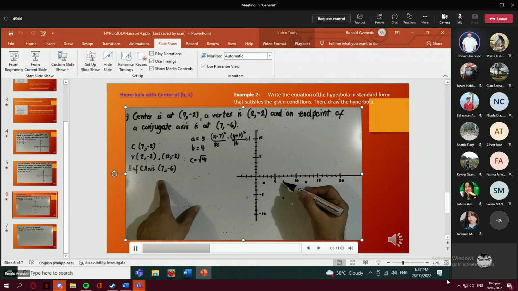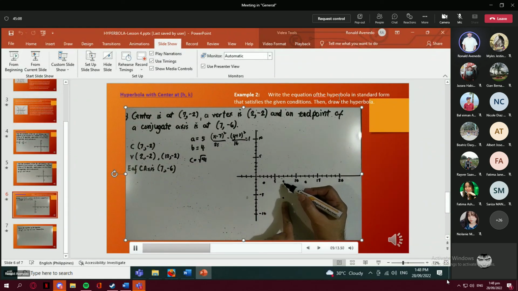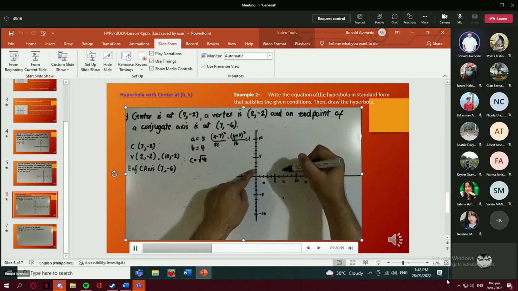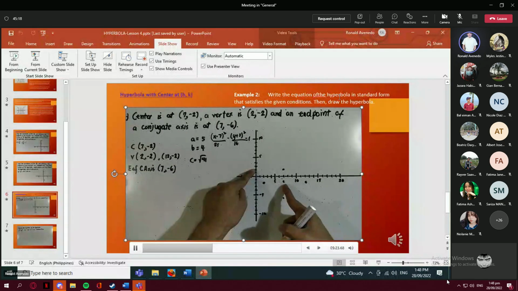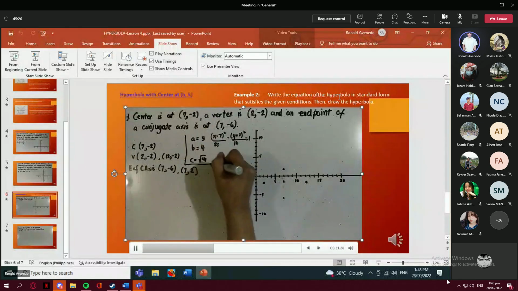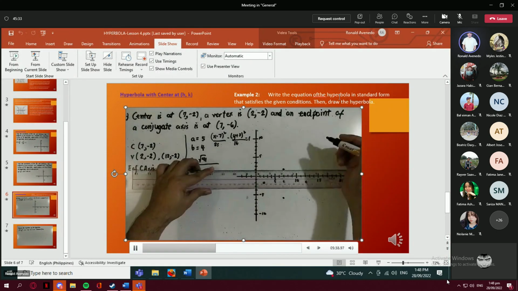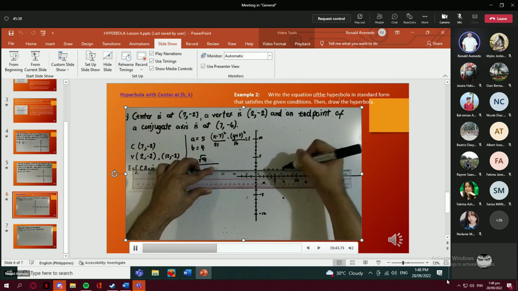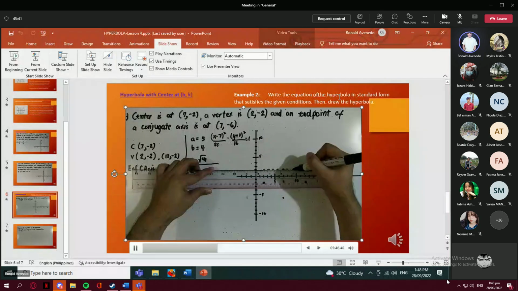Since the distance from the center to this point is 4, we will count 4 upward. 1, 2, 3, 4. The second endpoint is 7, 2. So from here we can now draw the rectangle that would serve as our guide later to find the asymptote.